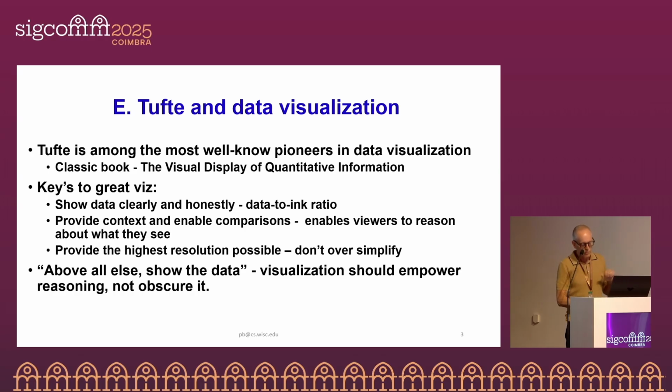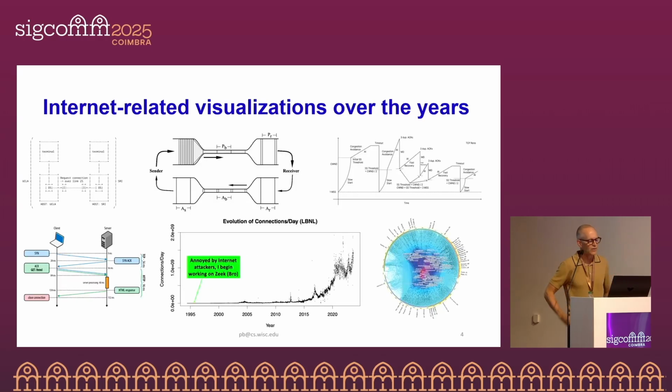All right, so I'm going to move on to some internet-related visualizations and the evolution of these over the years that I think are compelling. Of course, this is my opinion. You've probably got your own opinions about things. But we'll start with the upper left, which is the first visualization that was captured in an RFC. So this is a visualization from RFC 1, the first one, that was written by Steve Crocker in 1969.